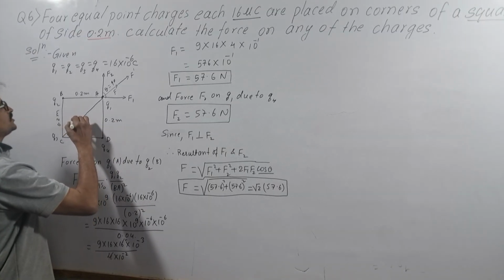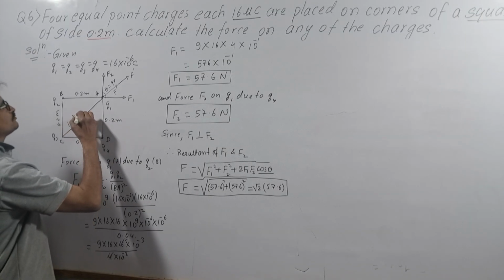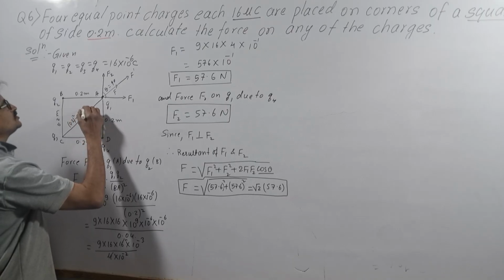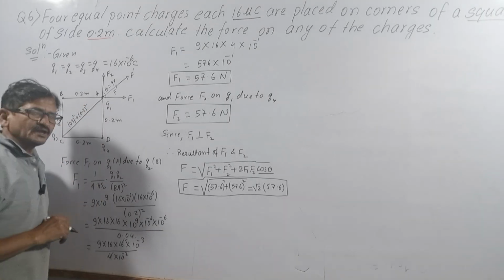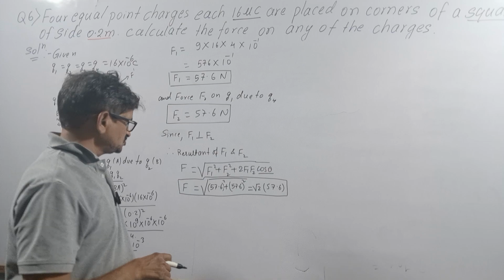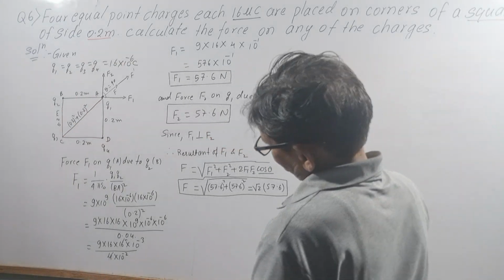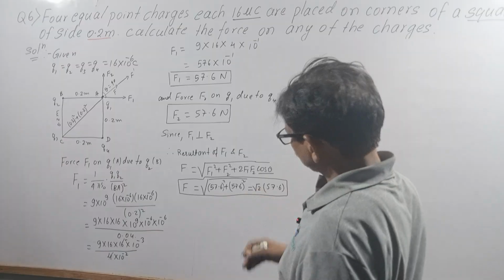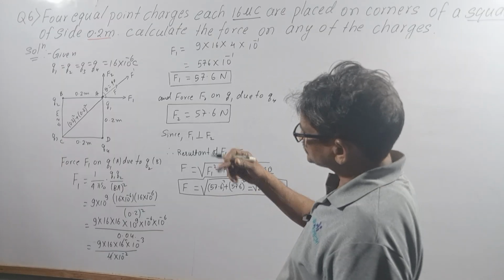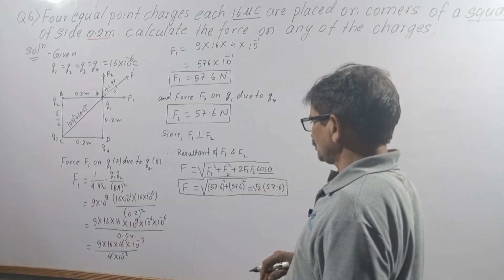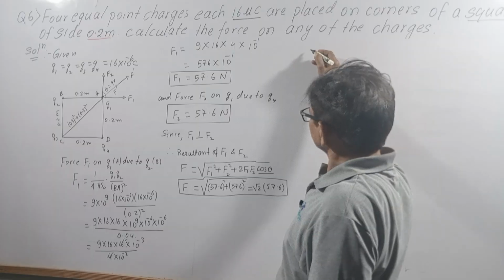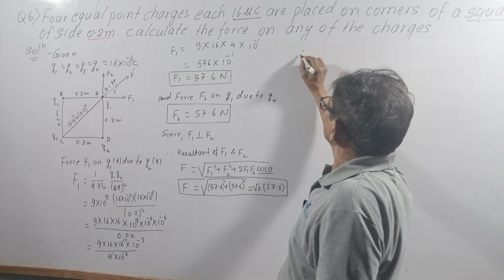Okay, 0.2 square plus 0.2 square. Now what to do here? Both are same. Okay, write it.